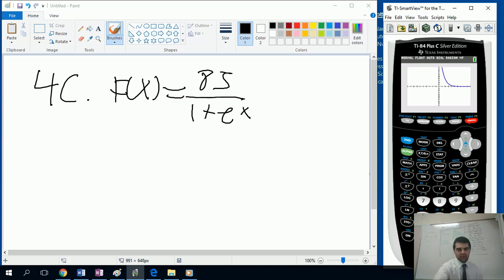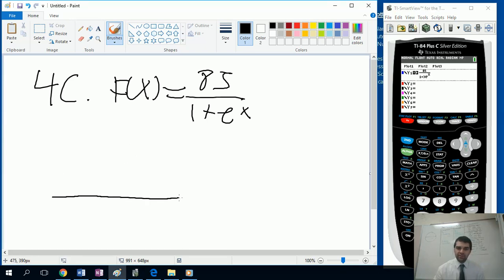Okay, I graphed that wrong. I'm not sure how I graphed it wrong, but I'm going to graph this from memory because I know what the graph of this looks like.